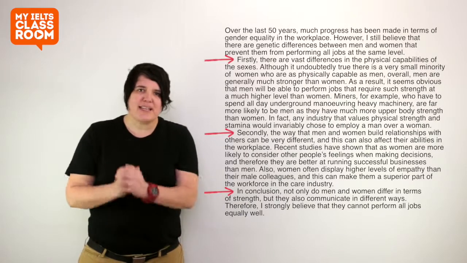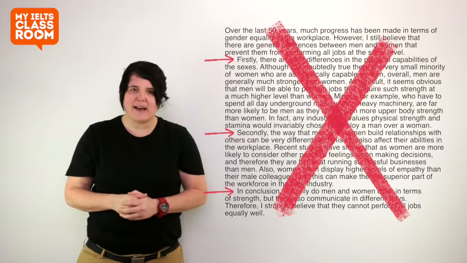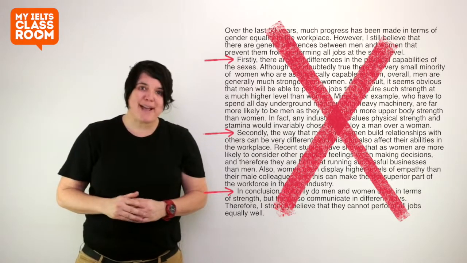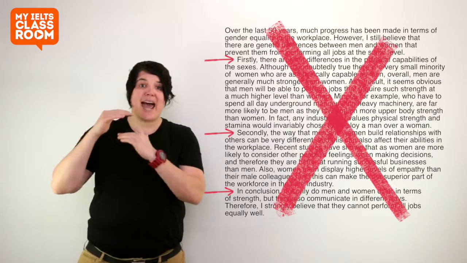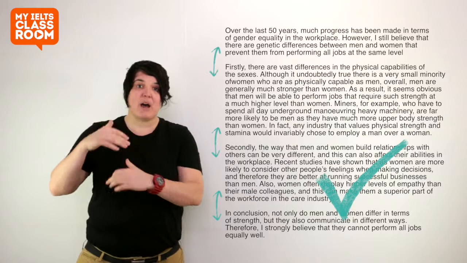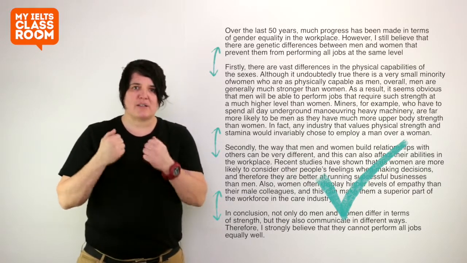I think this is a bad idea because sometimes it is not clear where paragraphs start and stop. It's much better to leave a whole free line as a space. That makes it very clear for the examiner one paragraph has finished and another paragraph is starting.